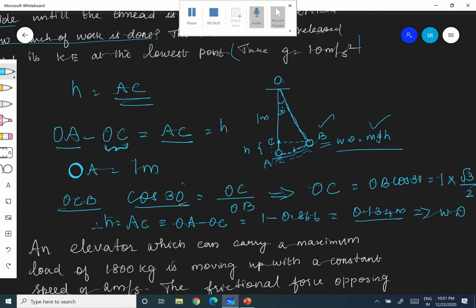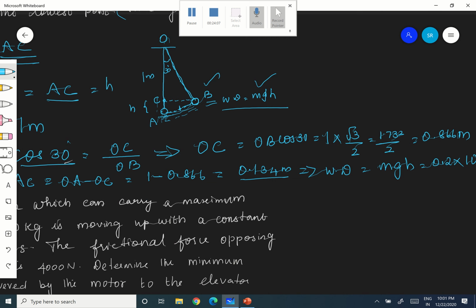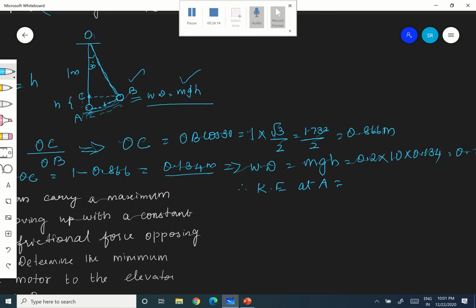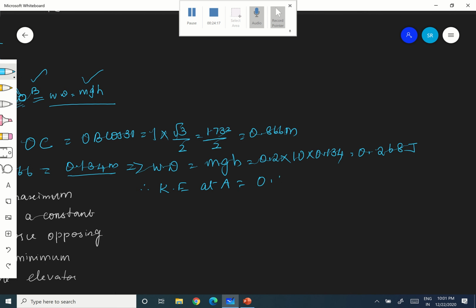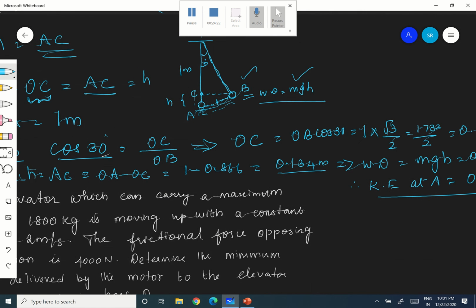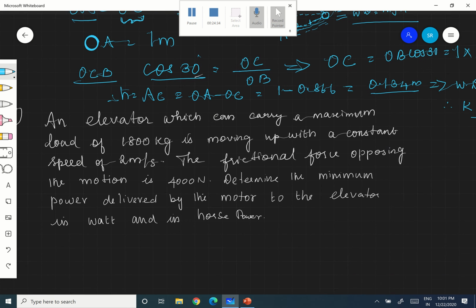Therefore, the kinetic energy at the lowest point A is also equal to 0.268 joule. The potential energy stored at B is converted to kinetic energy when it comes from B to A. Is it clear? Right. Next one.